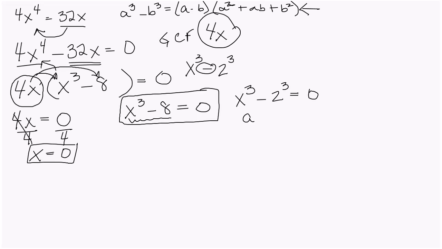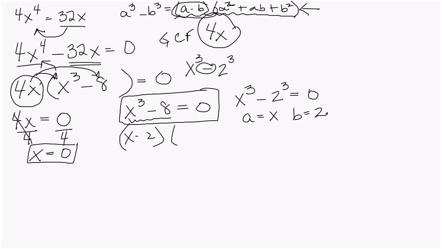And a is going to be equal to x in this case, and b is going to be equal to 2. Now I can fill in my variables based on that. So this first part, a minus b, is going to be x minus 2.